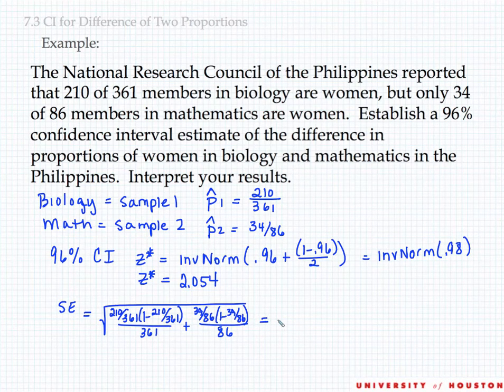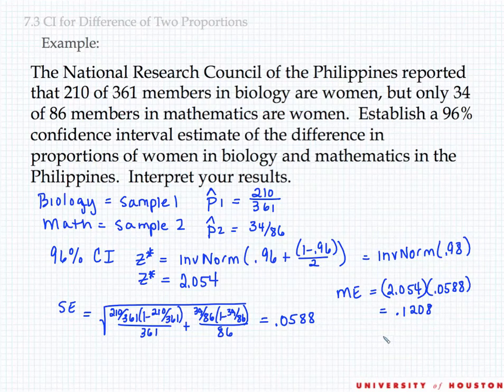This gives us 0.0588. So our margin of error is 2.054 times 0.0588, which is 0.1208.